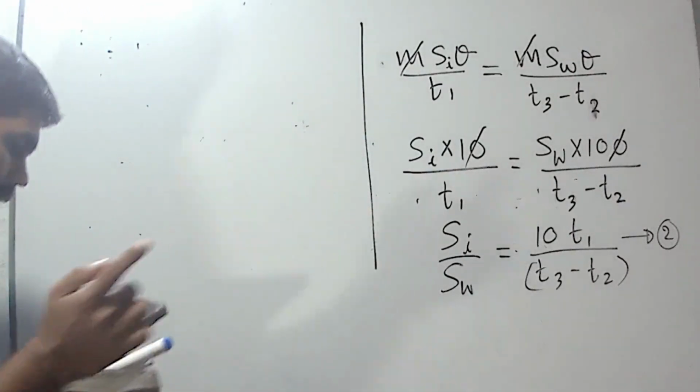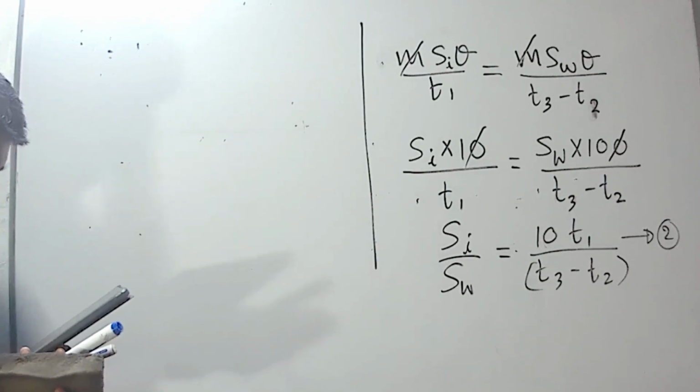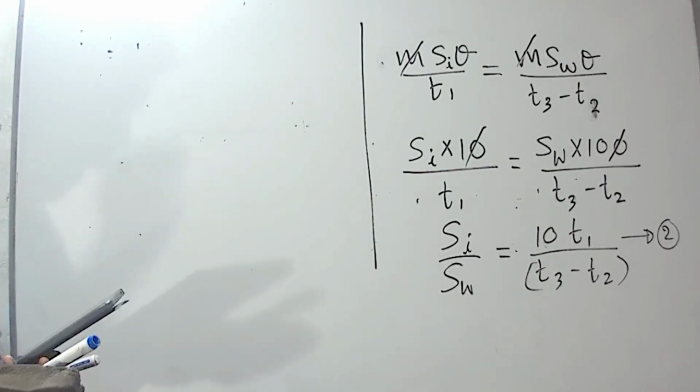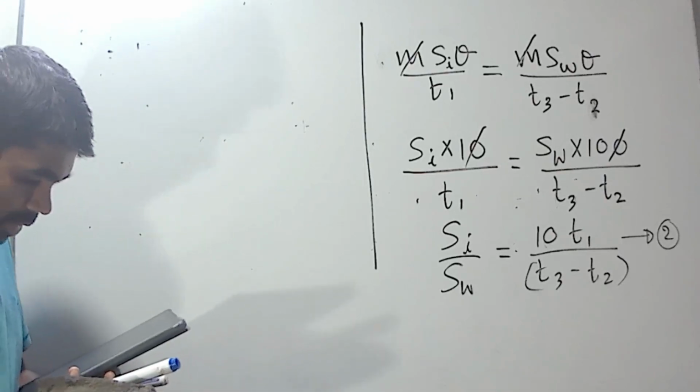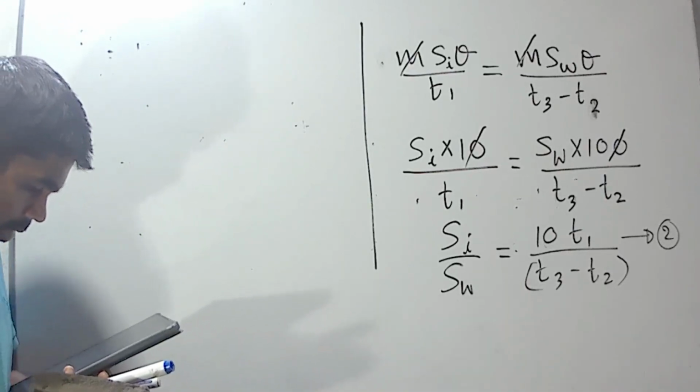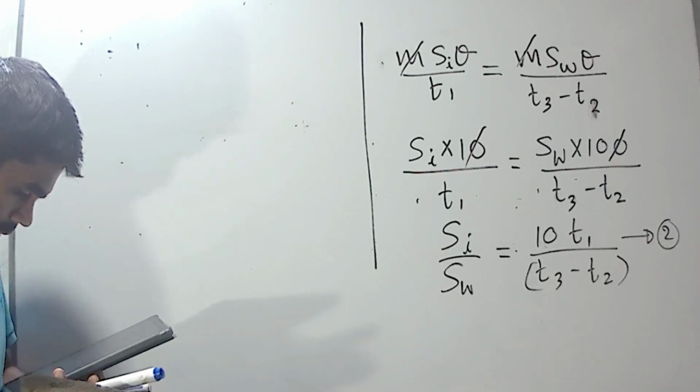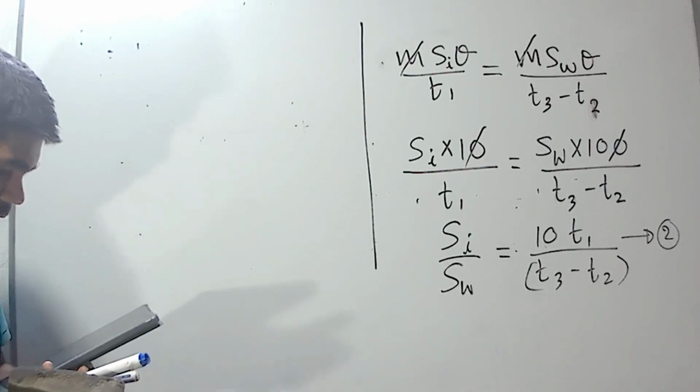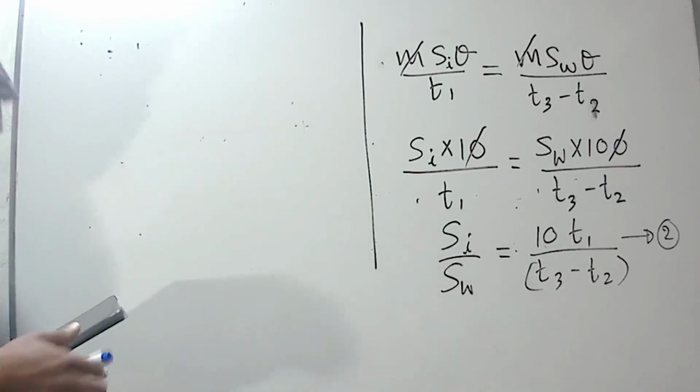We can observe that fusion is for the time interval T1 to T2, and vaporization is from T3 to T4.